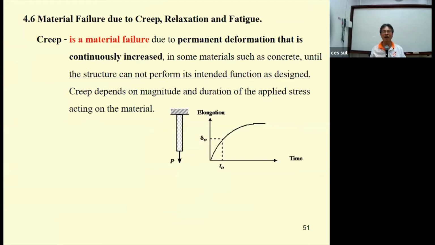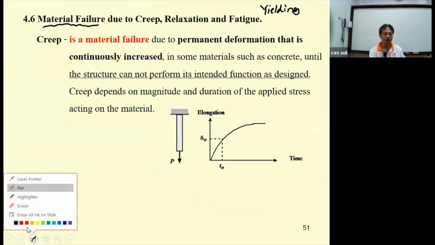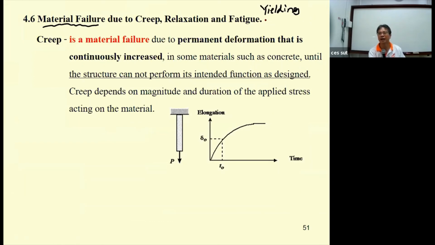Okay, the last part of this lecture is going to be material failure. Before this, we talked about yielding as a material failure. We also talked about large deformation. When the structure has large deformation, the beam, for example, may press the wall and the wall gets cracked.